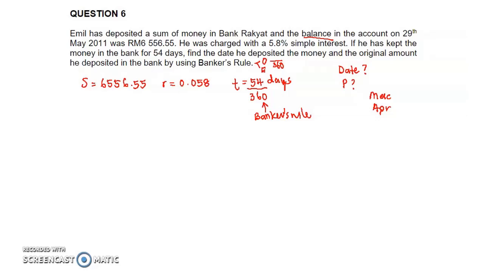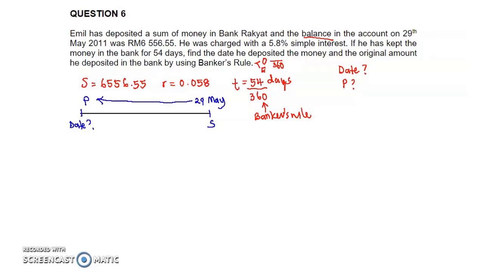Okay, now we need to calculate it backward in order to find the date he deposited the money. Okay, so we know that here must be value P, here must be value S. Okay, so we want to find date here. So we know that here is 29 May. Okay, now backward. Okay, backward like this.